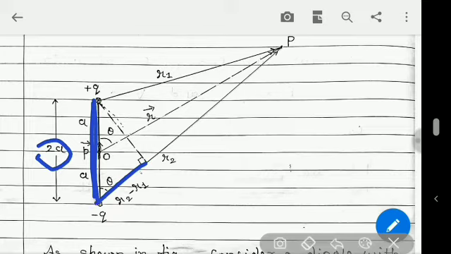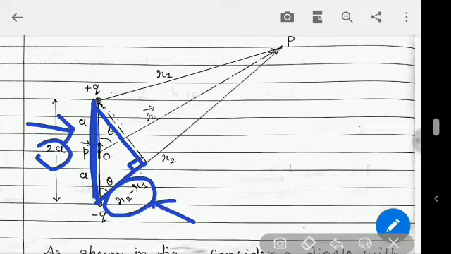This distance is the difference between these two distances r2 and r1, and it makes a 90 degree angle here. So this is a right angle triangle, with this as the hypotenuse and this side as the adjacent side.